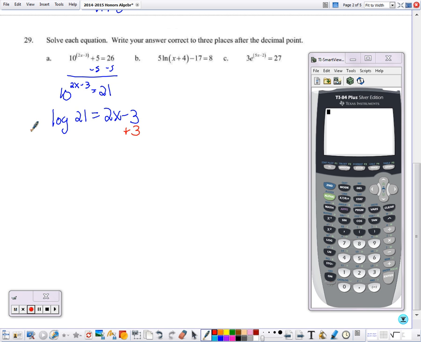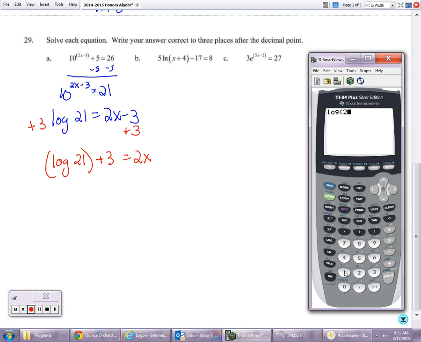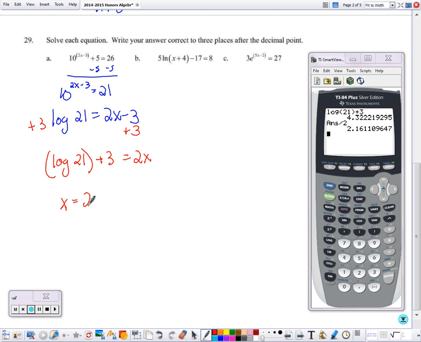We have to add 3 to both sides. So that's log of 21 plus 3. And then we'll divide by 2. Log 21 plus 3 divided by 2 is 2.161.